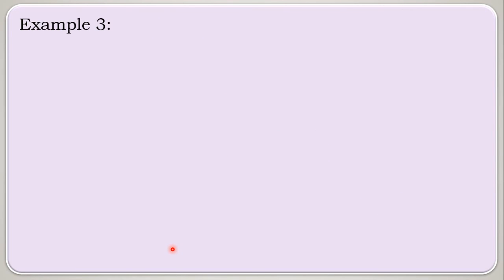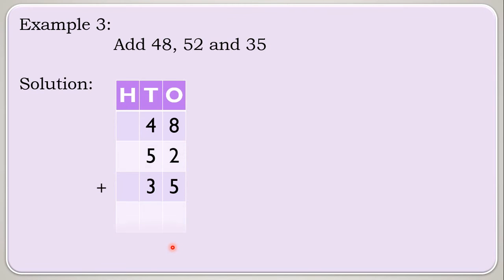Let us take one more example for addition with regrouping. Add 48, 52 and 35. In this example, we have 3 two-digit numbers. Solution.